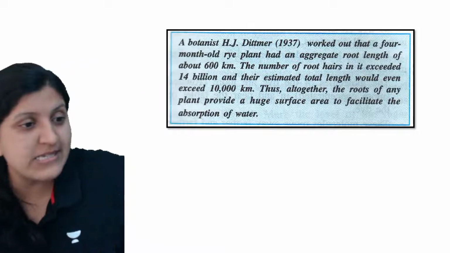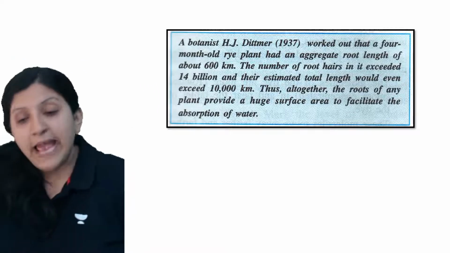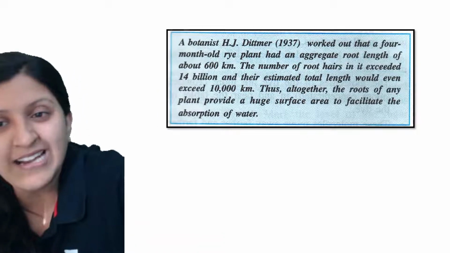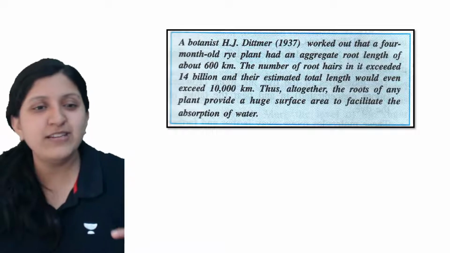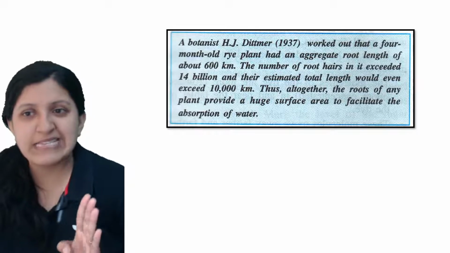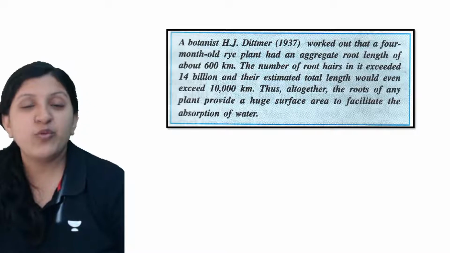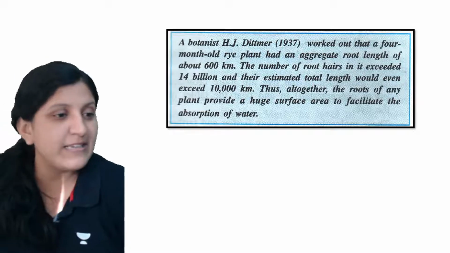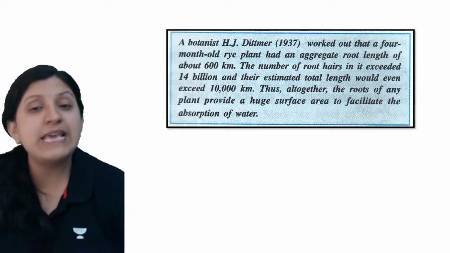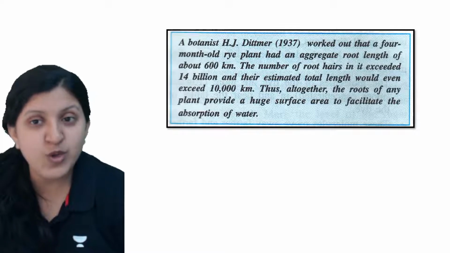So what we just discussed, that it would cover up to kilometers of length. Here you can see that tiny plant, which is just 4 months old, but you can imagine the capacity it has with coverage of surface area. So this can cover up to 600 kilometers.